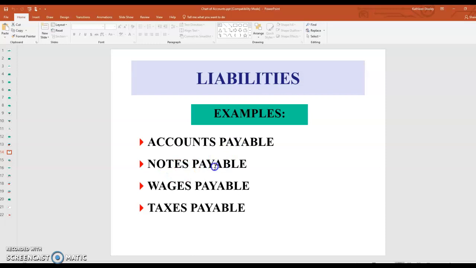Notes payable typically means we're going to owe it out to a bank, although we can also owe it out to a vendor. Wages payable means we owe that money out for wages to employees. Taxes payable means we owe it out to some governmental agency, the state or the IRS maybe, for those taxes, depending on what kind of taxes they are.